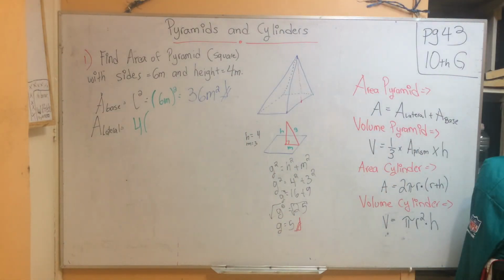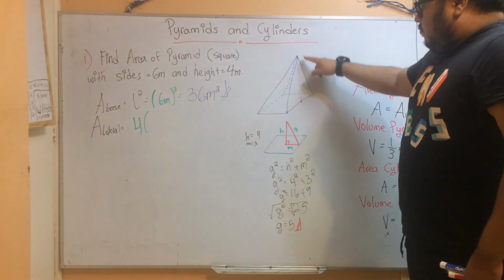So once we have these values, let's multiply. What is the formula for the area of a triangle? Base times height divided by 2. So of this triangle, what is the height?